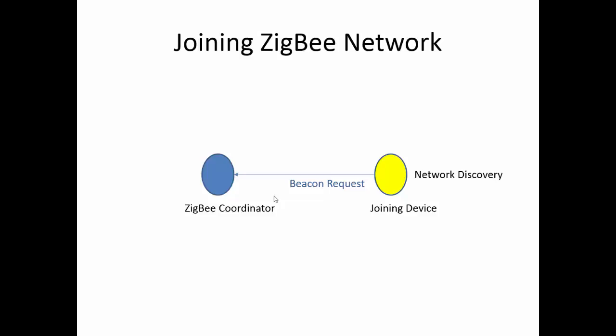Then the joining device discovers the network by requesting a beacon. Once the beacon is received, the joining device decides which network to join, after which an associate request is sent. The issued response includes an address for the device to use while associated with that network.